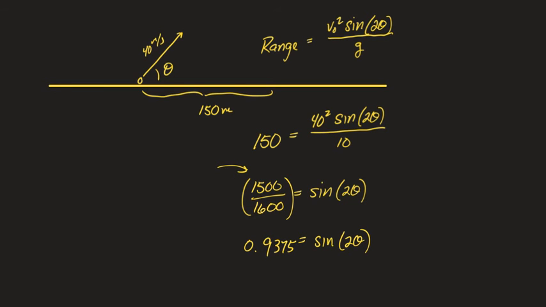And generally, you're going to take the inverse sine of both sides. Be careful here. You guys who are in mathematics classes, you'll get your 70 degrees here and think that you're done.